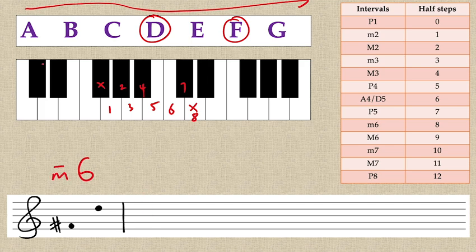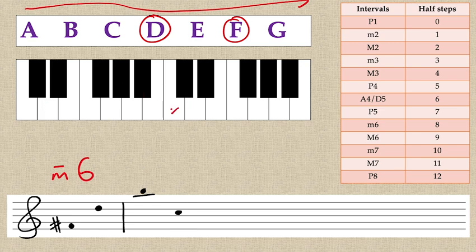Okay, what about this? You are given the top note first. It doesn't really matter because we always count from the bottom to the top note. B and C natural. So count from C. This is the bottom note now. The second note is the bottom note to the top note.